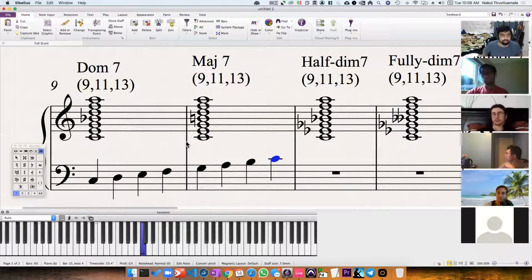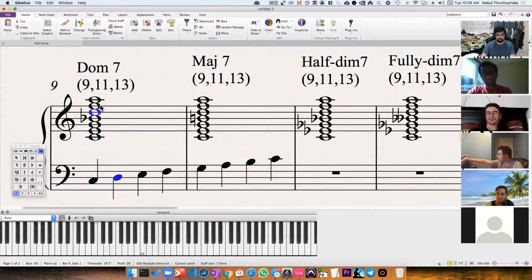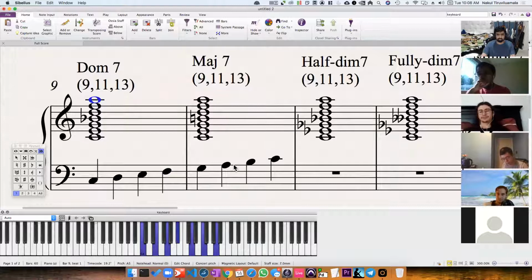So this corresponds to this. This corresponds to this. This corresponds to this. D corresponds to D. F corresponds to F. And A corresponds to A, right? Makes sense? Hopefully, right? Okay.